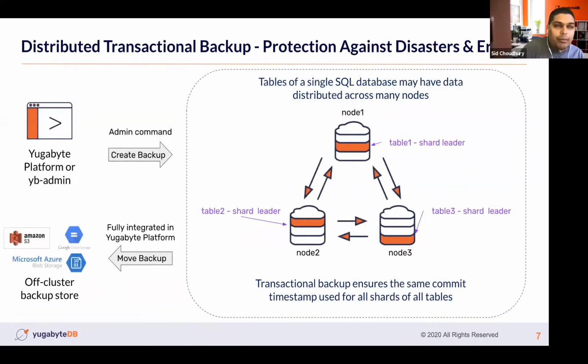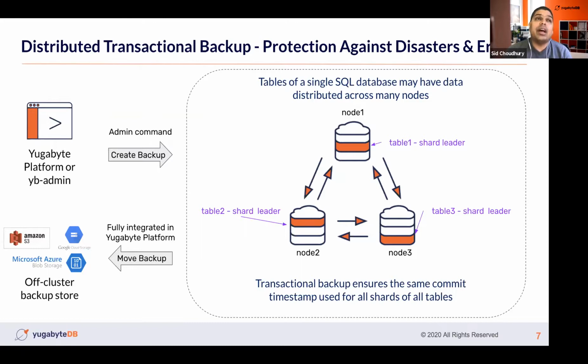Let's start with one of the very foundational things that every database has to do in order to support large, complex production enterprise workloads, and that is backups and the ability to restore from backups. But for a distributed transactional database like Yugabyte, this is a whole different challenging problem, because even the data in the backups has to be taken in a distributed manner, so that we efficiently utilize the compute and storage capacity that's available on all the nodes.